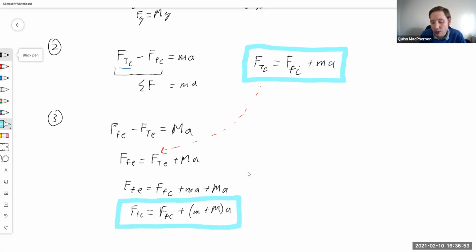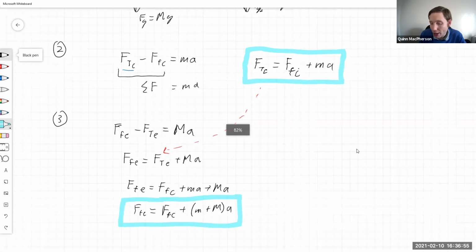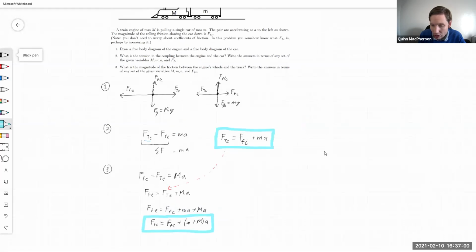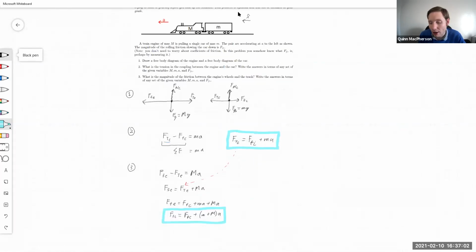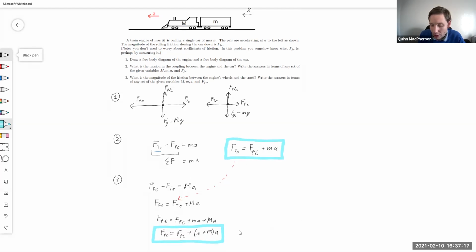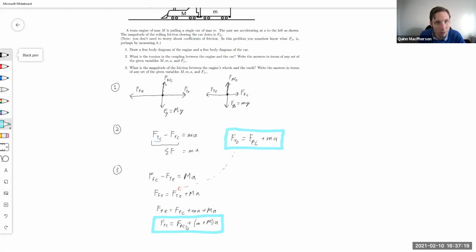I should also note that there is another way you could solve this problem, and that is by treating the entire train as a single object. It has friction pointing backward on it, and to accelerate it, you need to accelerate the entire mass, M plus m. So we could do it that way as well, where we say the force of the friction on the engine needs to counterbalance the friction on the car, and it needs to cause acceleration, (M plus m)a.